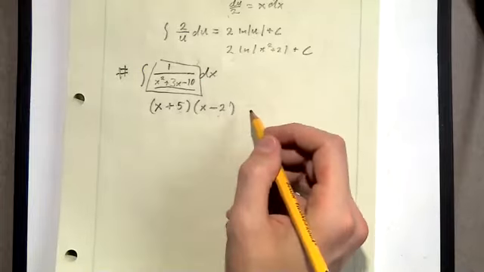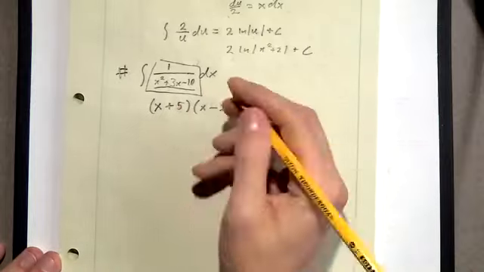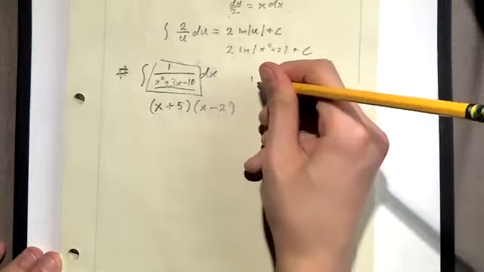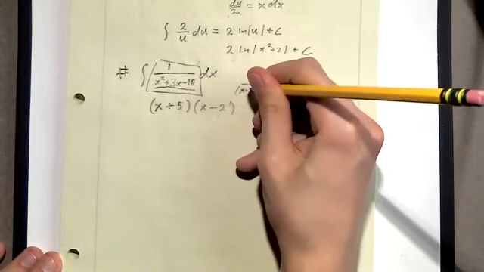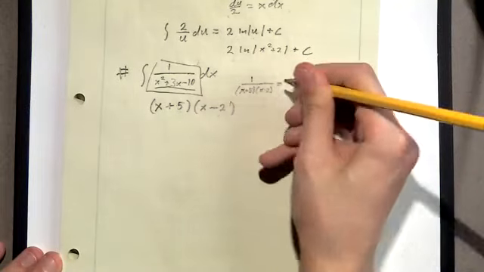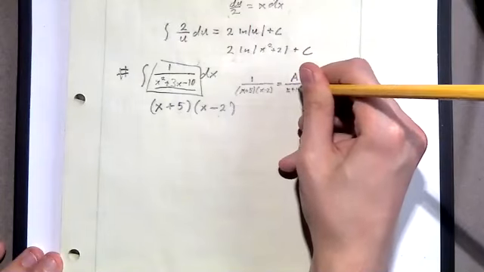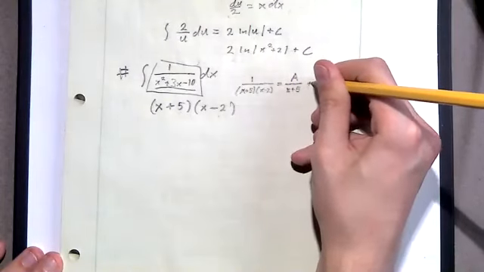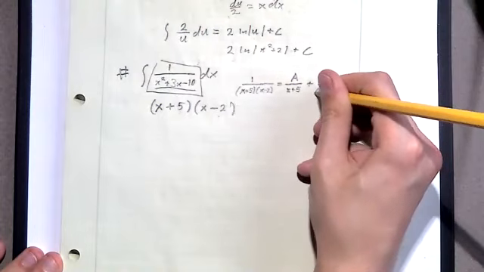So now that we have this, okay, it'd be 1 over x plus 5 and x minus 2 is equal to A over x plus 5 and then plus B over x minus 2.